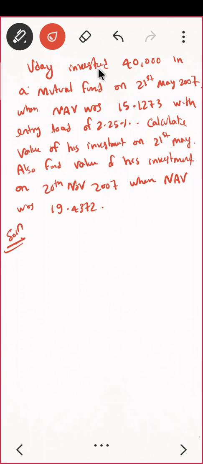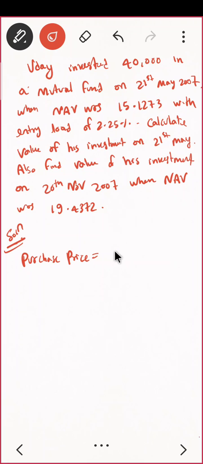So in the starting he is investing, that means he is purchasing, and the NAV is this, and you are having the entry load of 2.25%, correct? So what will be the purchase price? What is the formula?